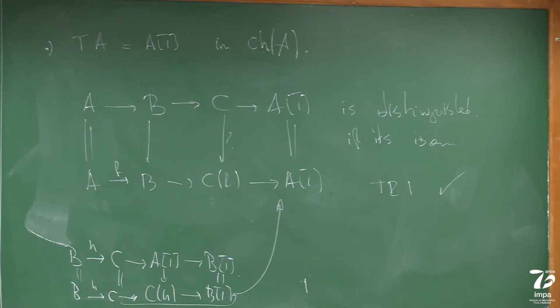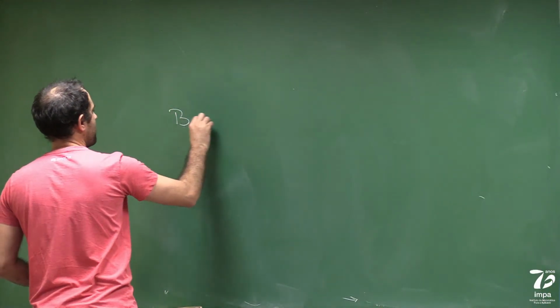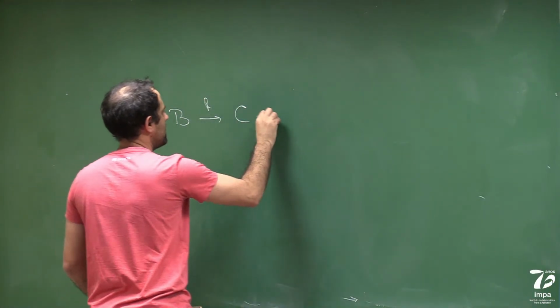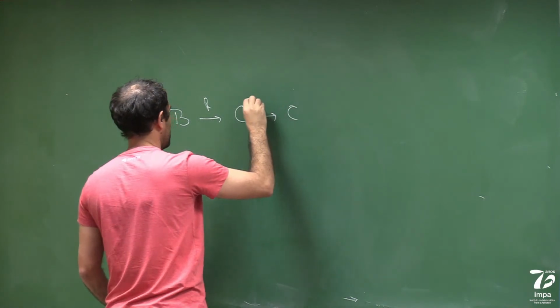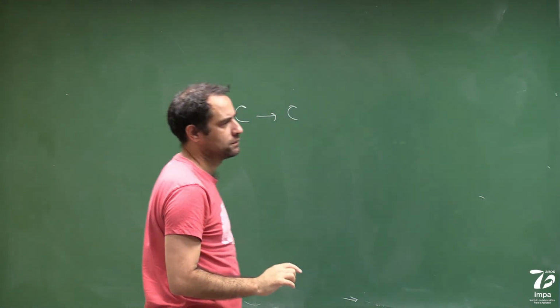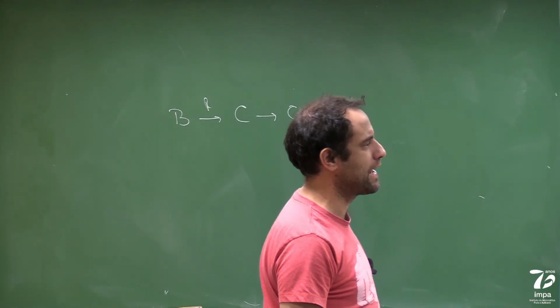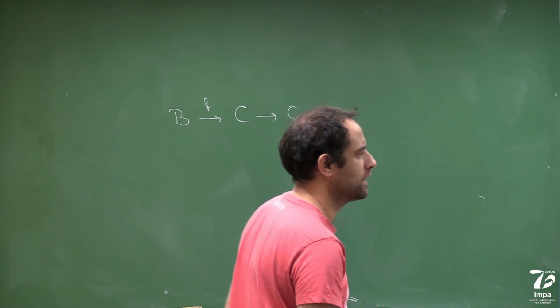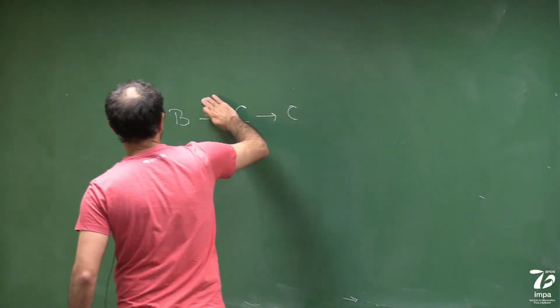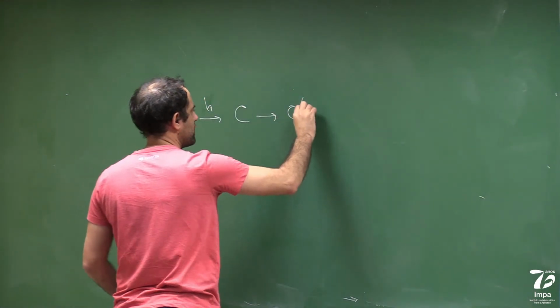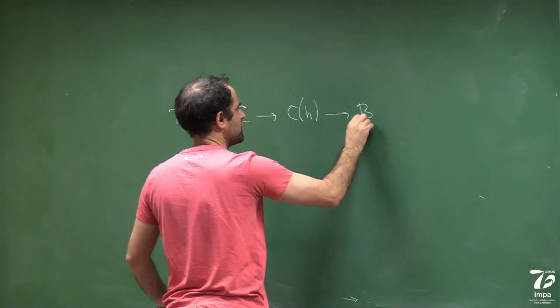So what does it say there? It says that I'm going to start with B and C. So I have B, F, C, the cone. Call that H. I think I call this H. The cone of H shifted by 1.